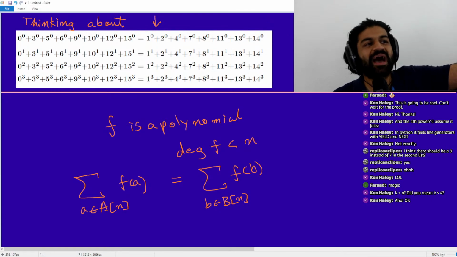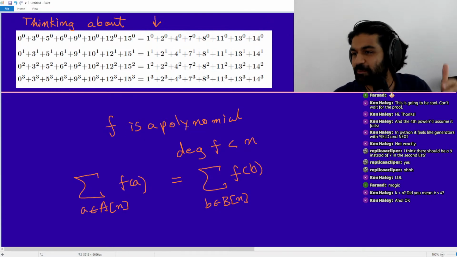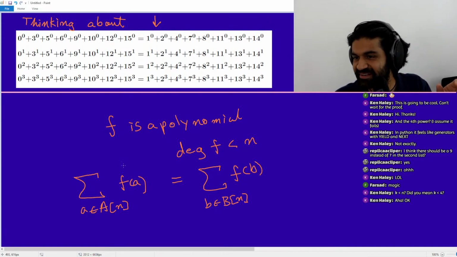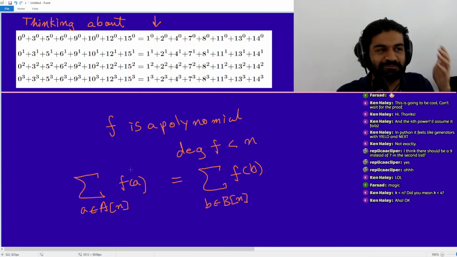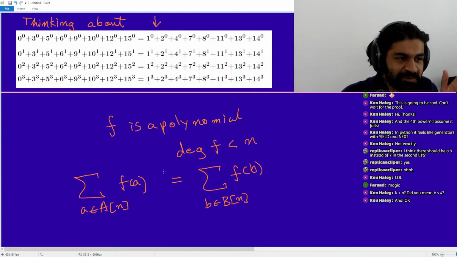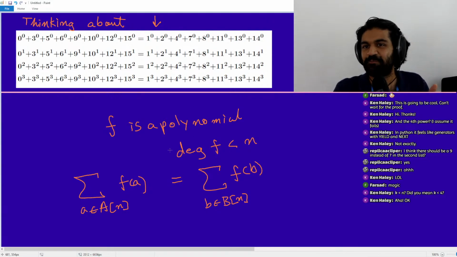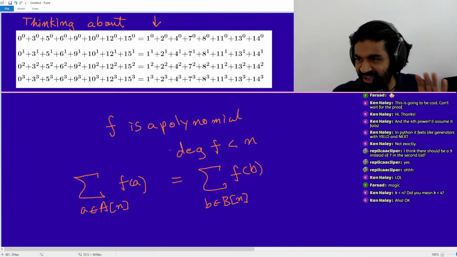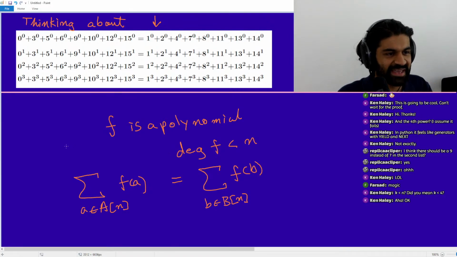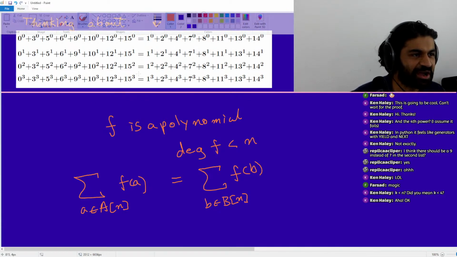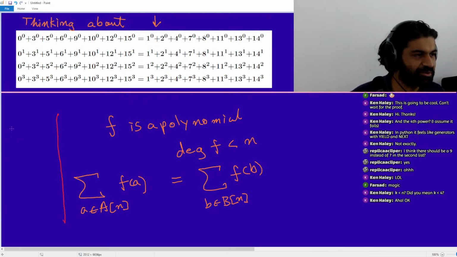If it's true that all the powers work, then it should be true that all polynomials work, right? I'm not saying anything different. It's just that thinking about it in terms of polynomials turns out to be a bit easier than thinking about it in terms of all of the straight powers. Okay, so I hope that makes sense. So this is the claim here that I'm going to actually try and prove.